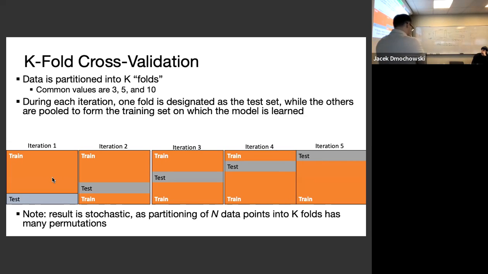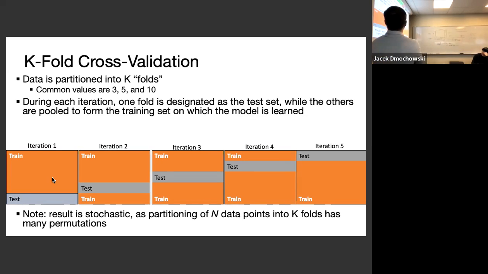So if you have 100 examples and you do 5-fold cross-validation, you are asking your learning algorithm to find a model from 80 samples. If you're doing 3-fold, you're asking your learning algorithm to find the correct model with 66 samples, right? So this is not a trivial parameter.